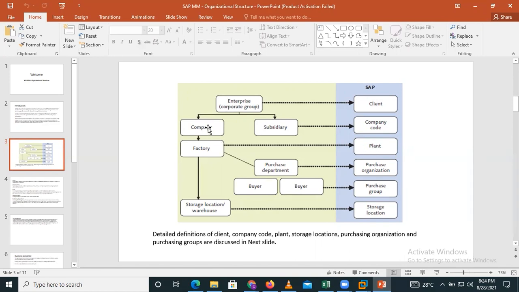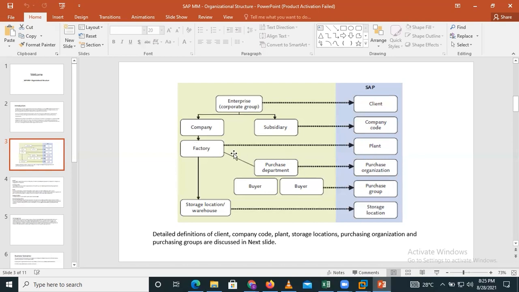So for Reliance Pharmaceutical India or Tata Motors India, we have a plant in Jamshedpur, a plant in Pune, a plant in Hubli. Those organizations will be created as plants, where we have the factory, the manufacturing facility, or from where we are providing services. That will be my plant.